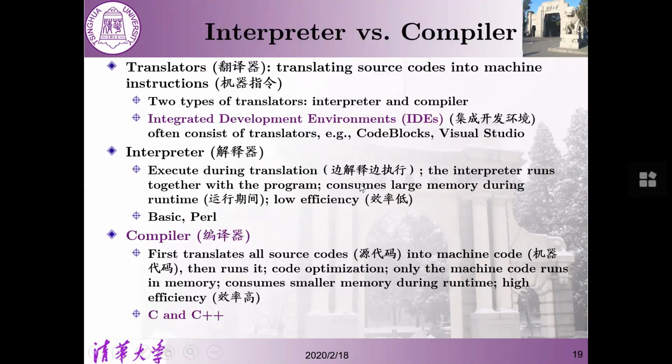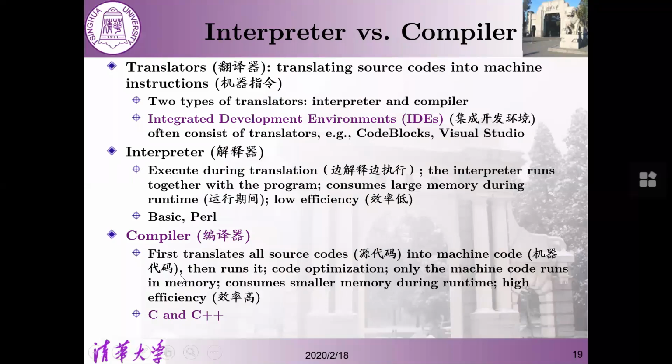In this way, it consumes more memory during runtime. The efficiency is also bad because we have to first translate one line and then execute one line, and there's no optimization of the code. But the compiler is a different way. The compiler first translates all the source code into machine code and then runs it. So there can be many code optimization techniques to improve efficiency.